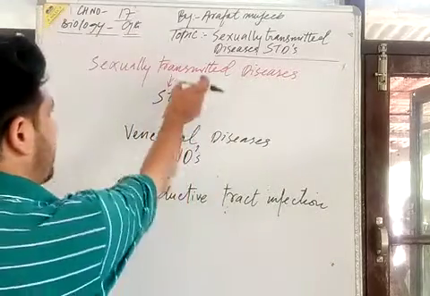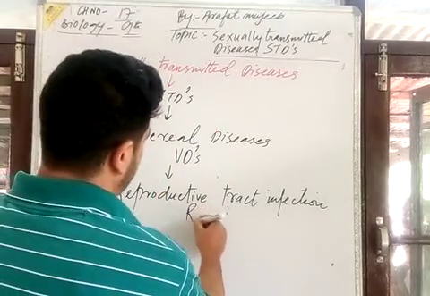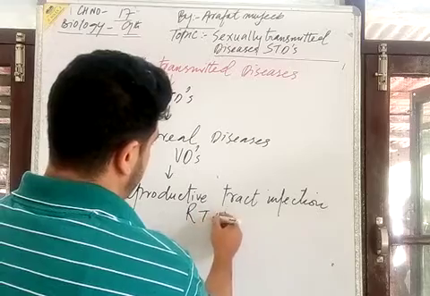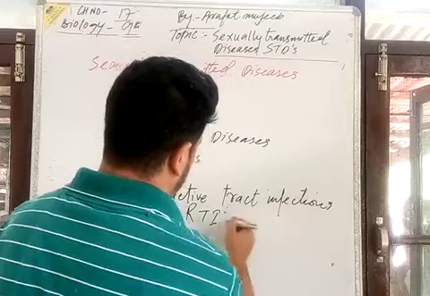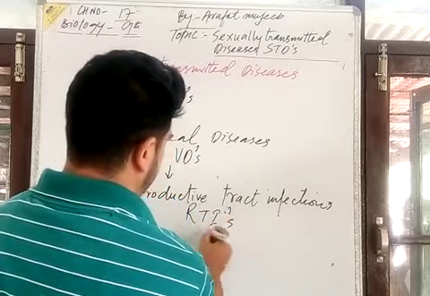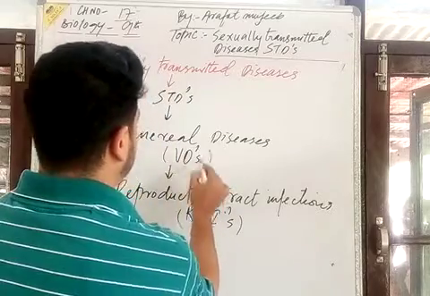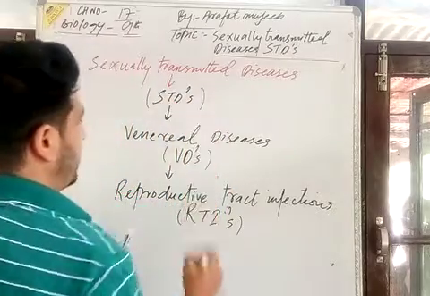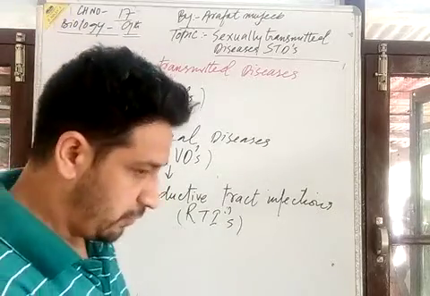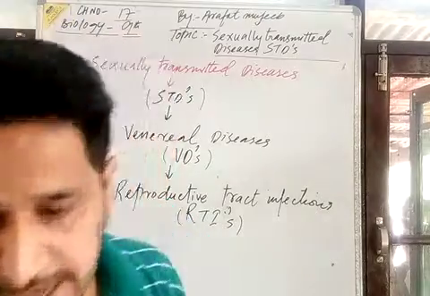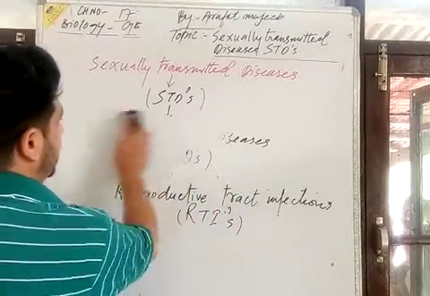It is also named as sexually transmitted disease. Simply we write it as RTI, reproductive tract infections, RTIs. This is RTIs. This is the venereal diseases. It has three names. And what are the various types of the sexually transmitted diseases? Let us study about it.